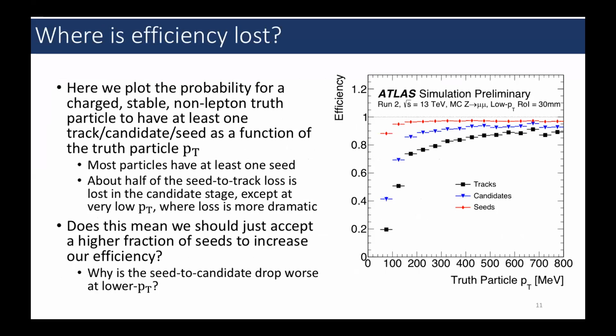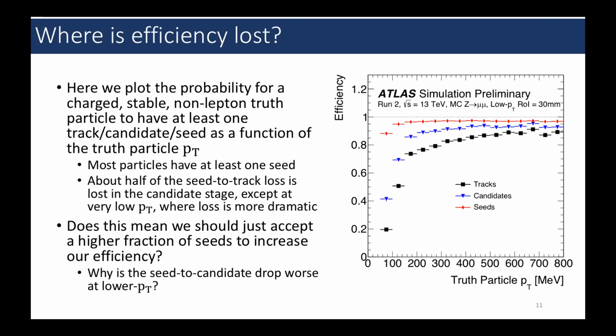To address that question, we have on the right a plot of the efficiency for seeding, for candidates, and for tracks. The black points are the same as those shown a few slides ago. What you can understand from the red points, which is the seeding efficiency, is that most particles have at least one seed linked to them at truth level, which means that of the hits in the seed, it contributes the most energy, more or less.